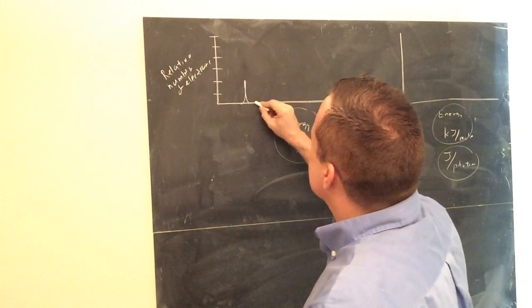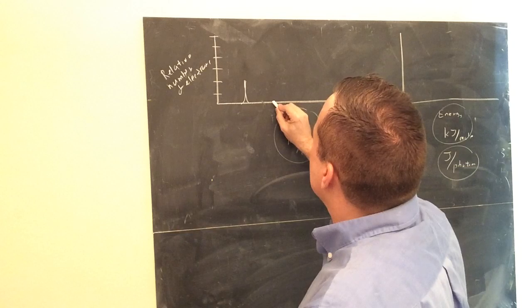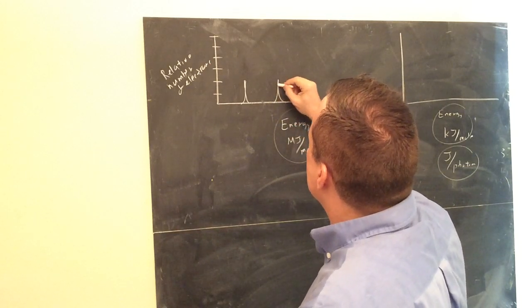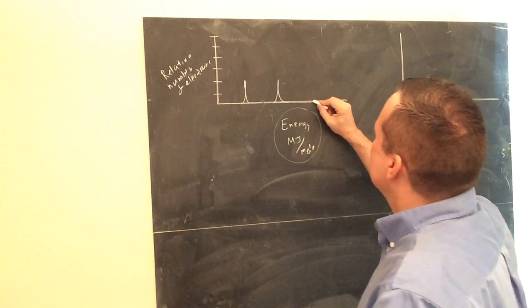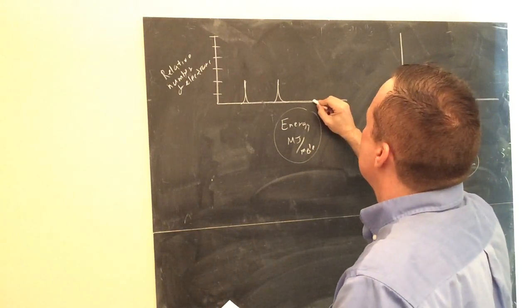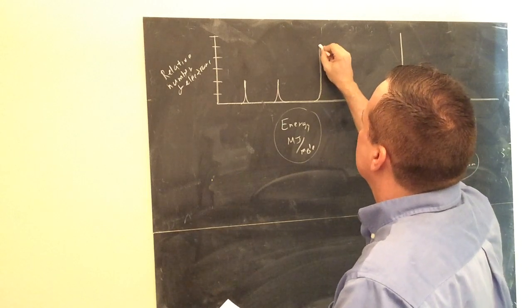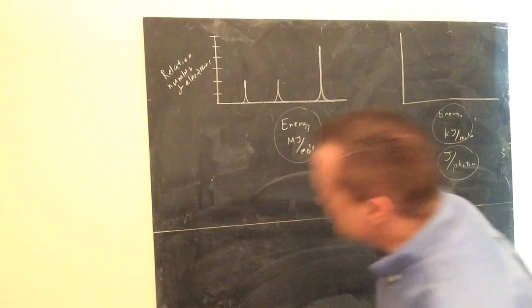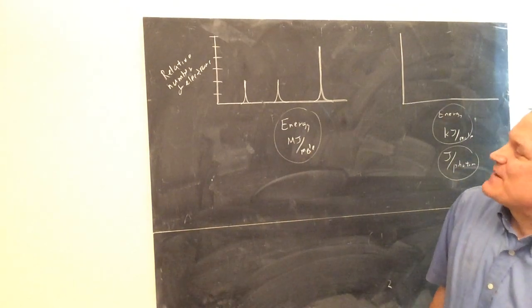I'll make it a little bit easier. One there. Then I'm going to put one right here. Another peak. Then I'm going to put one here, like that. All right. So what in the world does this represent?